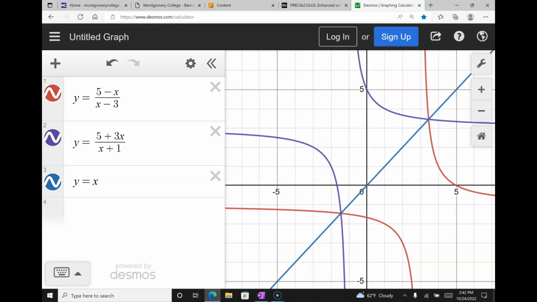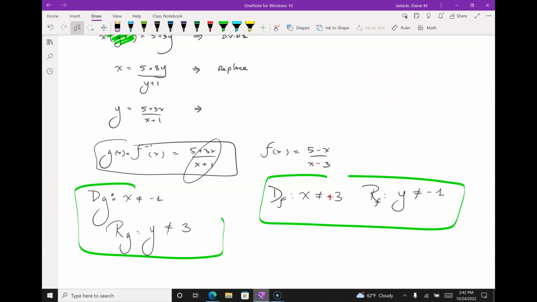So, for example, on my original function, if I plug in 1, what do I get? 5 minus 1 over 1 minus 3, 4 over negative 2, I get negative 2.